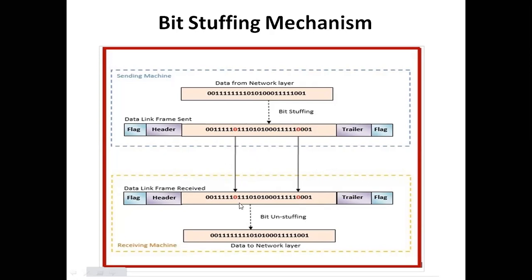After these zeros are taken out, it becomes the payload field of that particular data. This data can then be transmitted to the network layer at the receiver end.